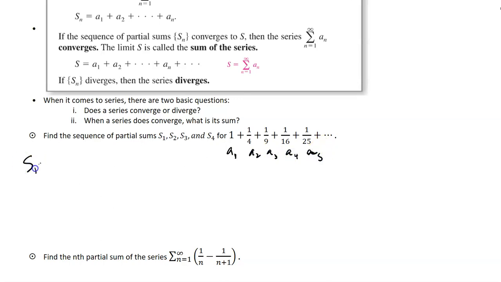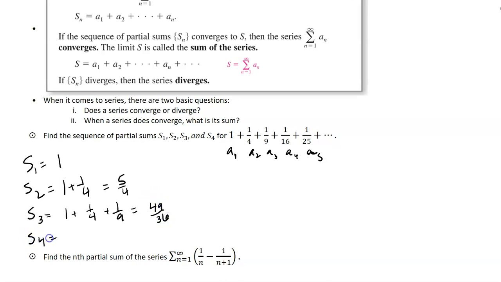So S1 is going to be a sub 1, which is 1. S2 is going to be 1 plus 1/4, which is 5/4. S sub 3 will be 1 plus 1/4 plus 1/9, which gives me basically 5/4 plus 1/9, or 49 over 36.